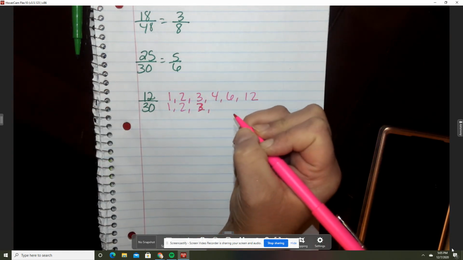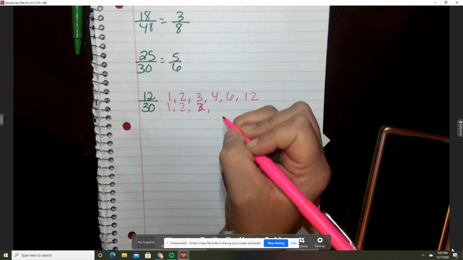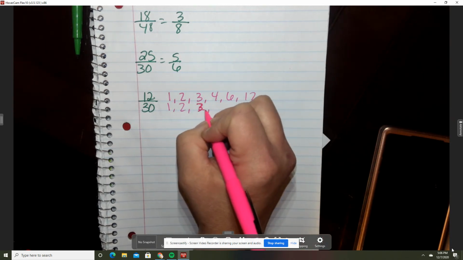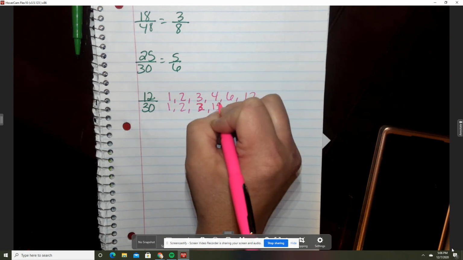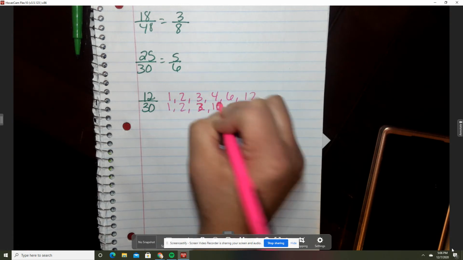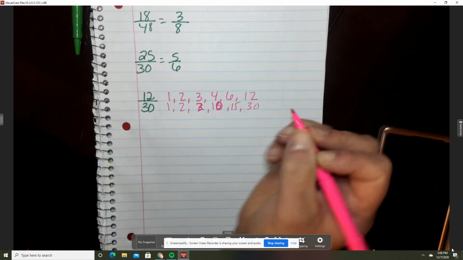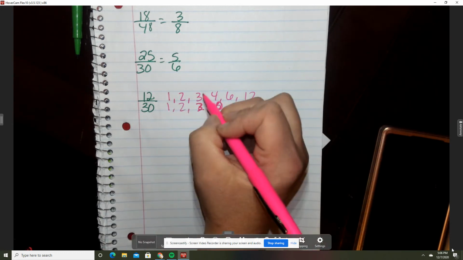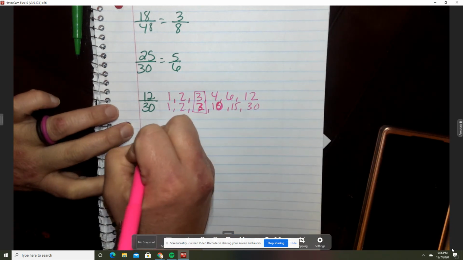This dog is driving me nuts. Oh my goodness. 3, let's see. 5, 6, 10, 15, and 30. I think I may have got them all. I don't know. Well, let's look. We'll find out. 3 is the biggest common factor.